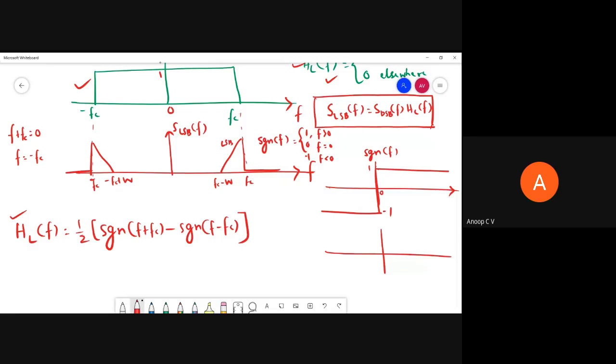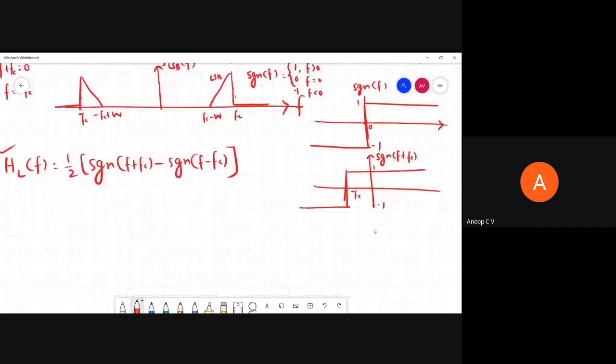So whatever the value of signum of F at F equal to 0, that happens at F equal to minus FC. So the entire function will shift left, with the transition at minus FC, and values 1 and minus 1. So this is signum of F plus FC, right?